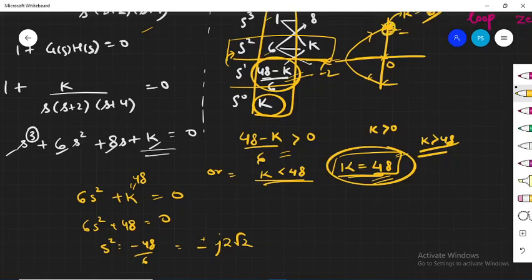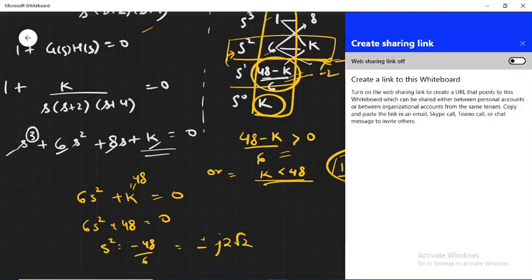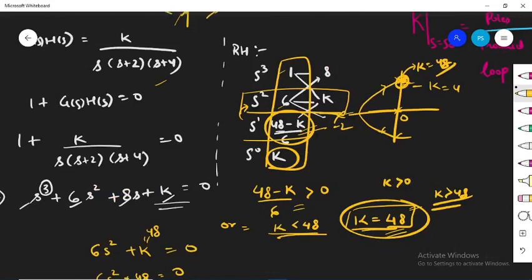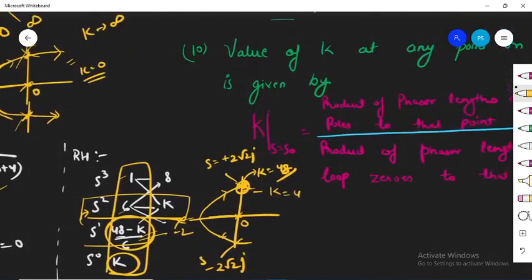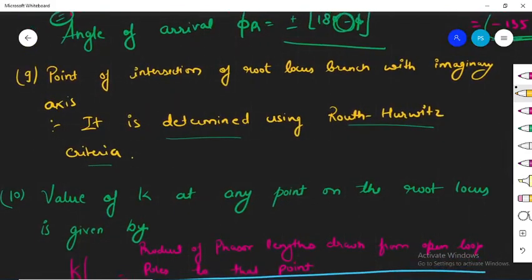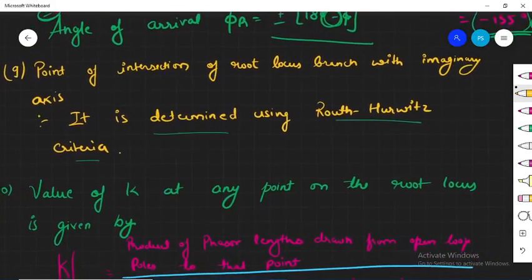So when this point is coming where the value of k is equal to 48, the point where this is cutting the imaginary axis, the value of s over here is plus 2 root 2 j, and this value is minus 2 root 2 j. So this is the value of s. This is how you can find out the value of k at the point of intersection of the root locus branch with the imaginary axis.